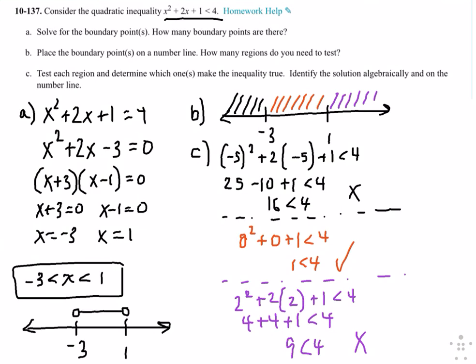And they're open circles because, look, the original inequality is less than 4. If it were less than or equal to 4, then in here we would have less than or equal signs, and in the graph here we would have colored circles in there.